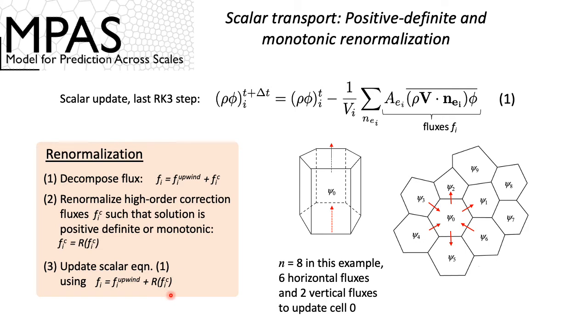And with that corrected flux, which we've denoted as R of the corrected flux, this function R, we just add that to the upwind flux to get the new flux and update the scalar mixing ratio in our scheme, the scalar mass. So this is the same thing that's done in WRF, as we do the same thing in MPAS. So this looks the same, and the procedures are the same.